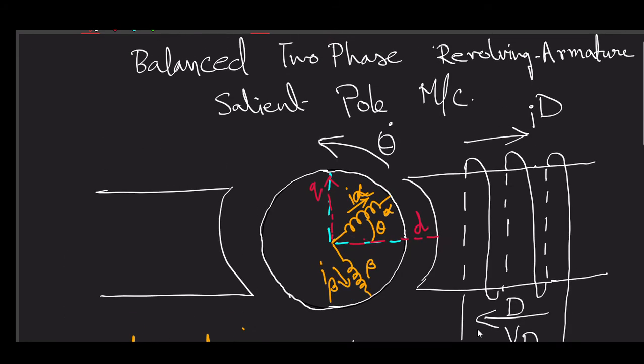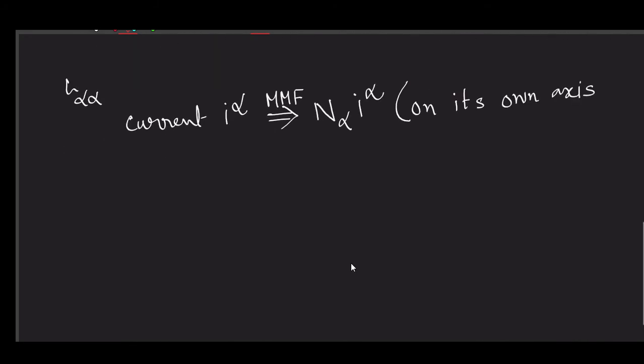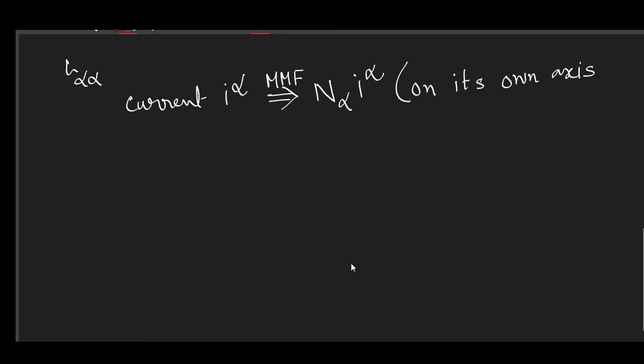If this is an alternating current, this MMF will sometimes go in this way, sometimes it will go in this way, right? So this is true for N alpha I alpha. Here N alpha is the effective number of turns for that particular alpha phase of the armature winding.